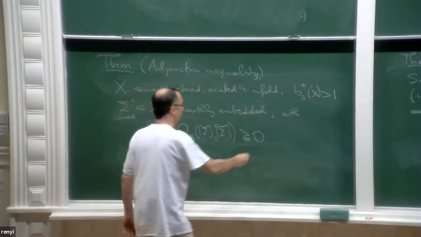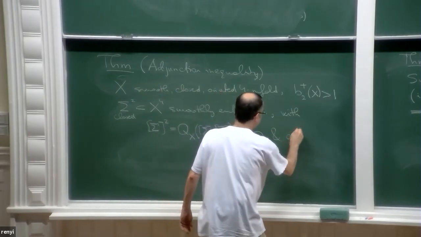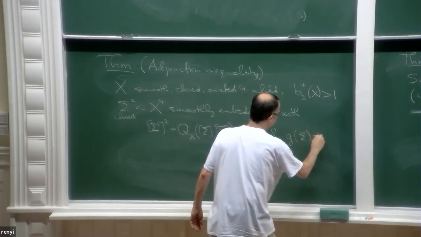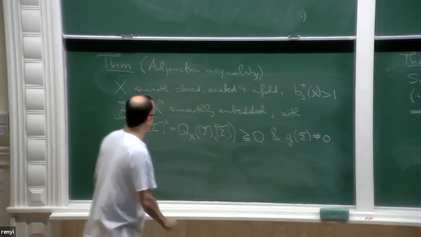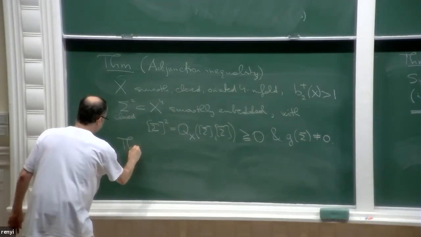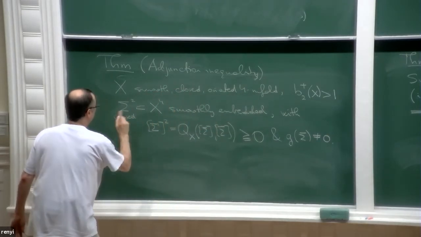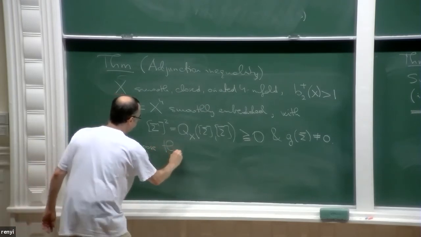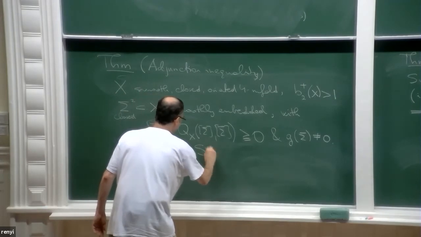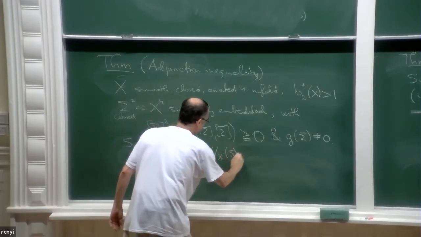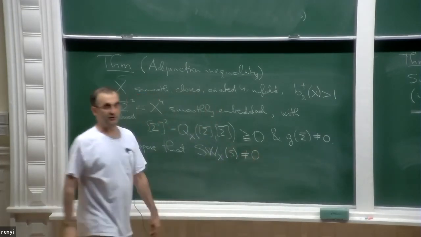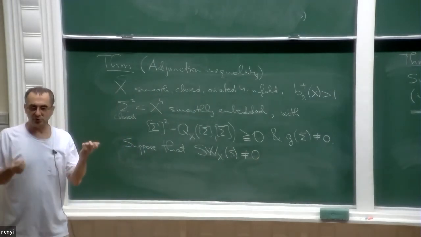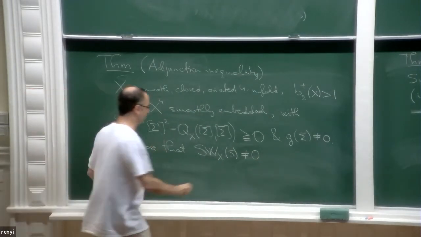And there is one more assumption that the genus is not equal to 0. Then, okay, suppose furthermore that the Seiberg-Witten function on some spin C structure is not equal to 0. So you do have solutions for that particular spin C structure.